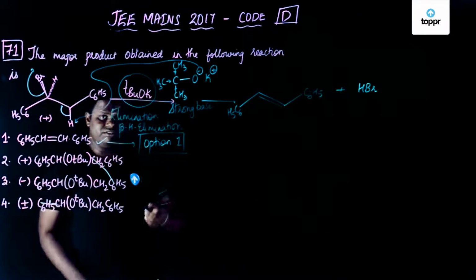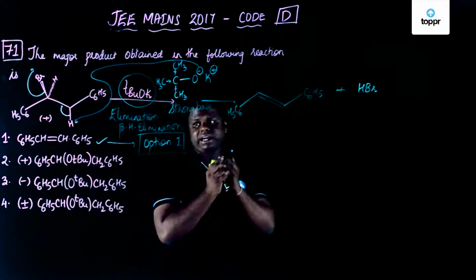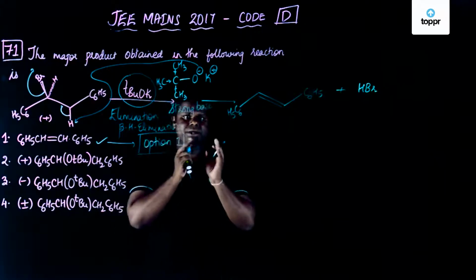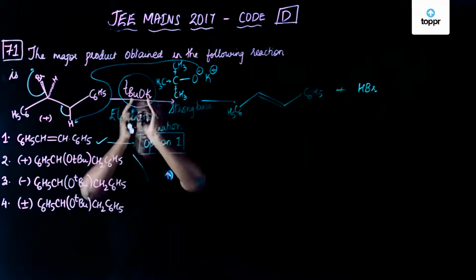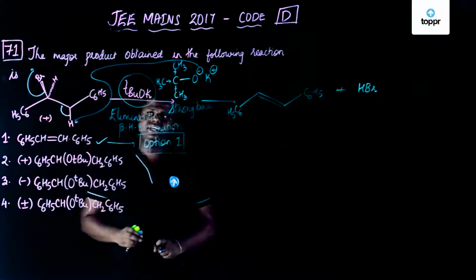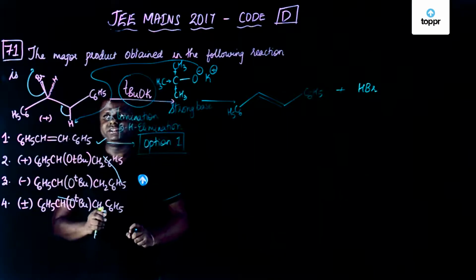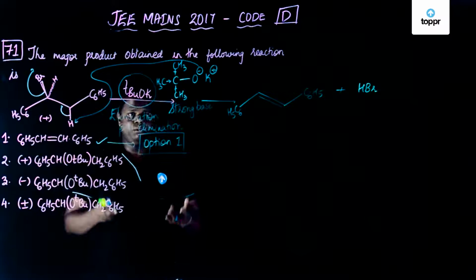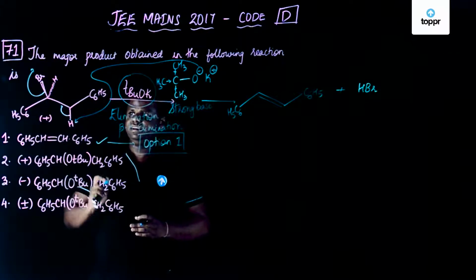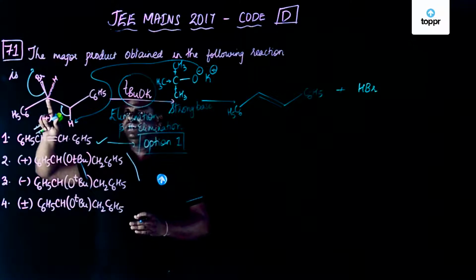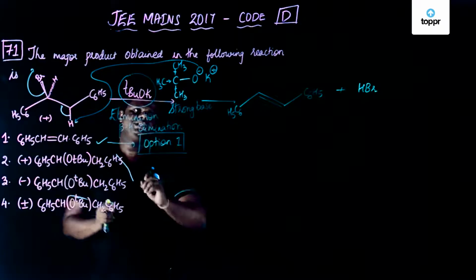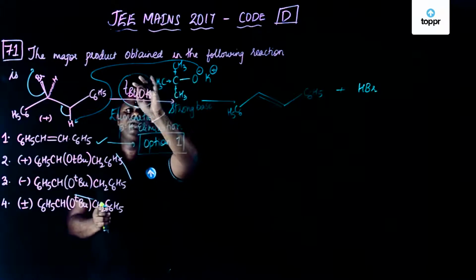Now, in the beginning of the question, I said that there is a distractor in this particular question. One may make a mistake saying that this is a nucleophile, so this is an SN1, SN2 type of reaction, and try to analyze the question saying that this would follow a carbocation mechanism, as a result of which the carbocation would be generated here, and then Br minus would be substituted by this OtBu minus.